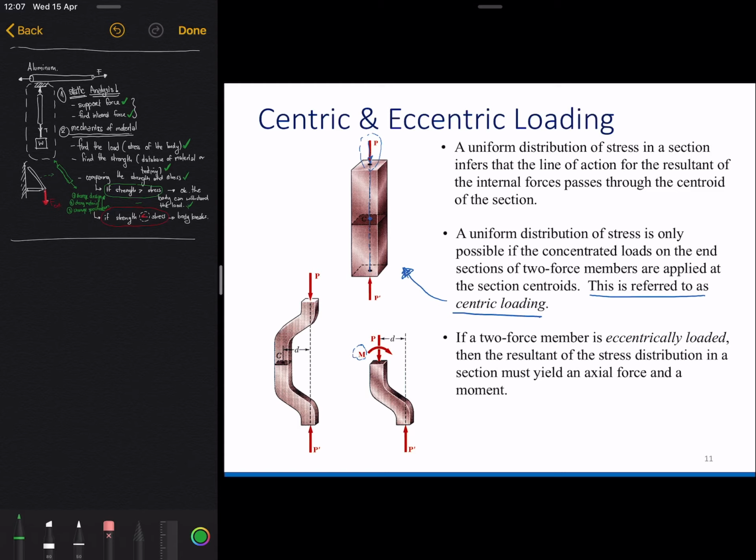But for example, for a two-force member which is eccentrically loaded, the resultant of the stress distribution in the section must yield an axial load and a moment. So here we will have not only the force, the P force, but we will also have the moment, as I explained.